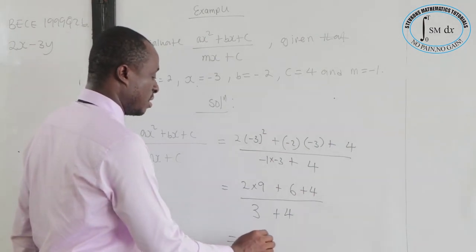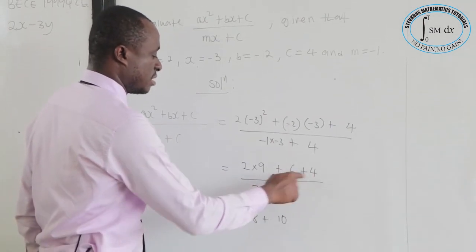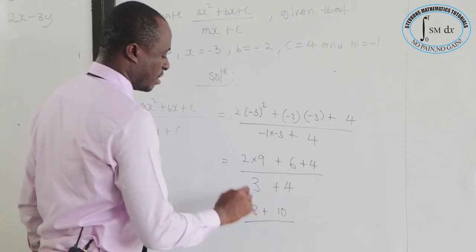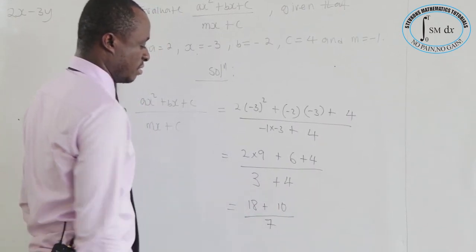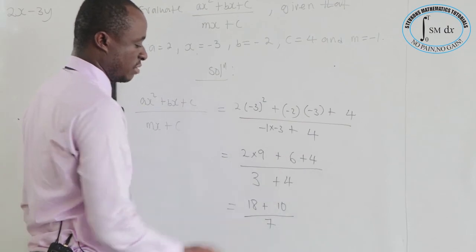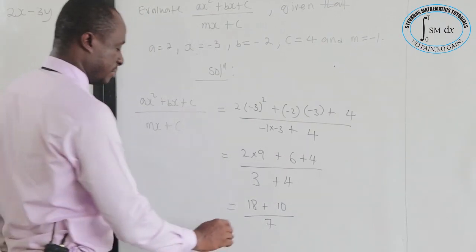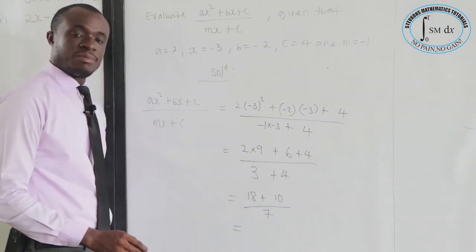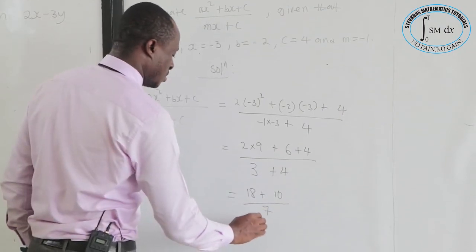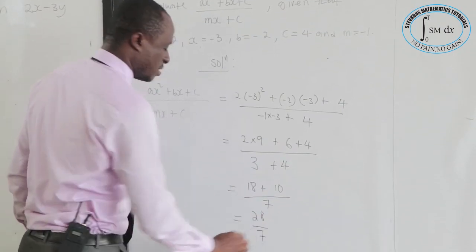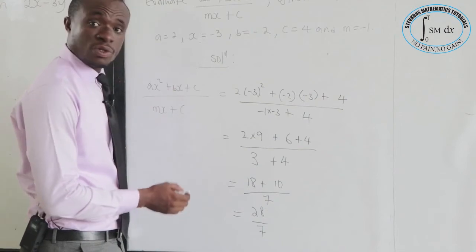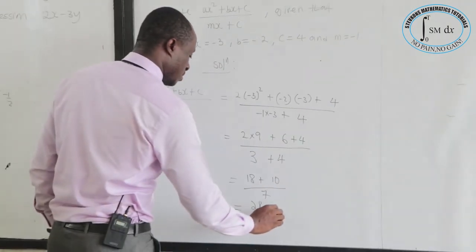So we have 18 plus 6 plus 4, 10. All over 3 plus 4, we have 7. Now, from here, what is 18 plus 10? That is 28. All over 7. How many times will 7 go into 28? That is 4 times.